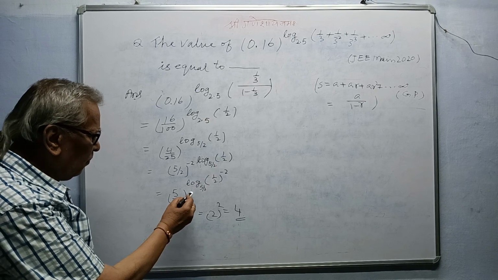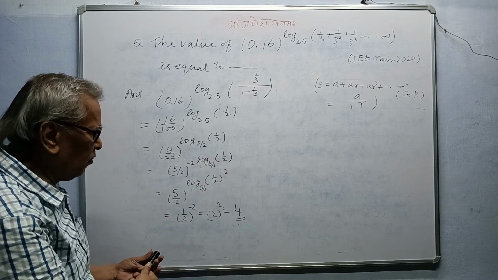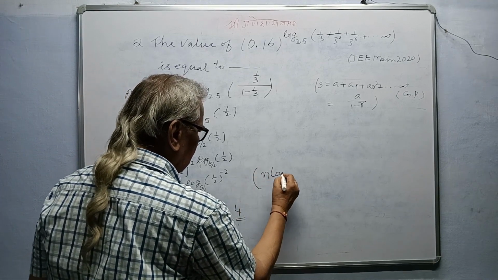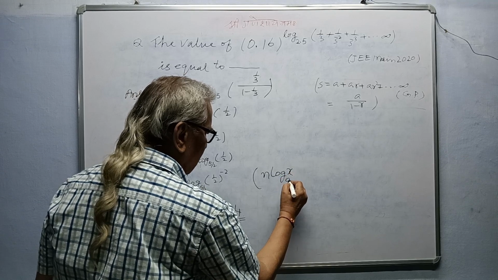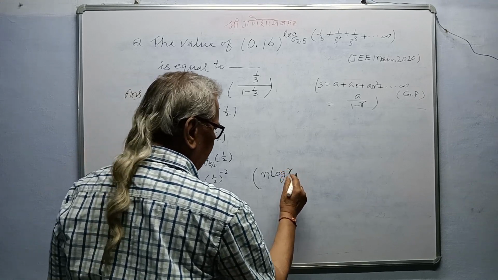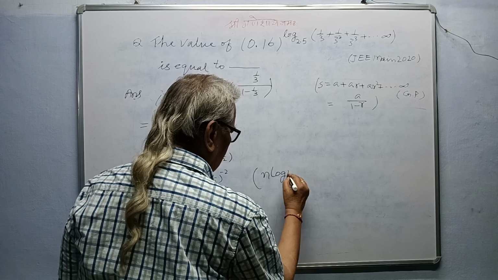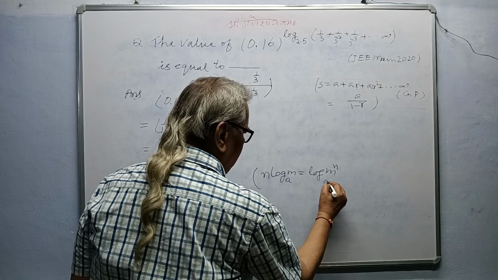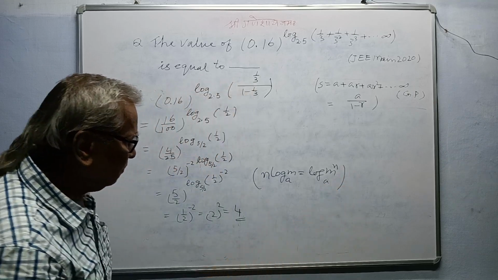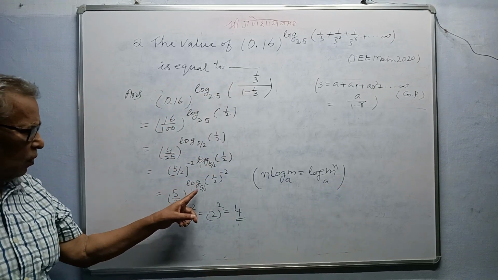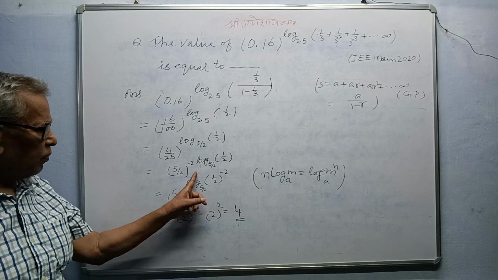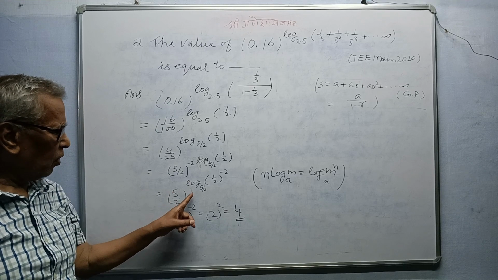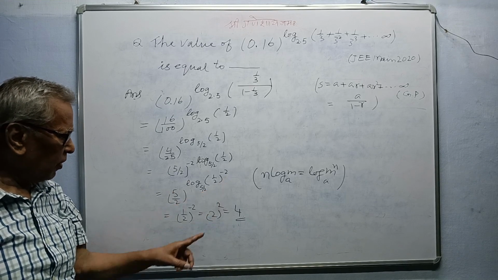Now the (5 by 2) with this minus 2 will come here, using this formula: n log x to the power a is equal to log x to the power n a. So the n will come here, this is (5 by 2) to the power log to the base 5 by 2 of (half to the power minus 2).